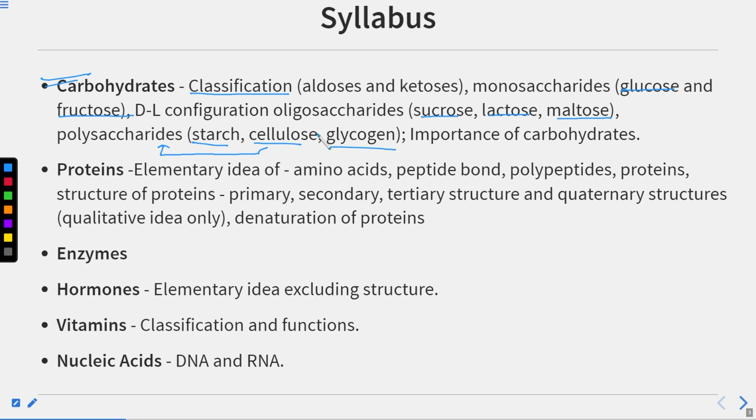So what was mutarotation? If we take a pure form, suppose only pure alpha or only pure beta, and dissolve it in water, then after some time we will see a shift of equilibrium toward beta or alpha, depending upon the equilibrium concentration of both. At last, the concentrations of alpha and beta D-glucose will be adjusted such that the overall optical rotation of the solution is +52.57 degrees.